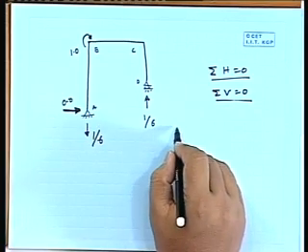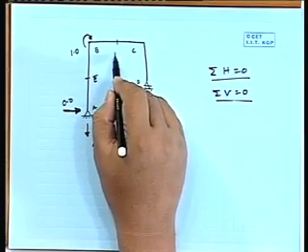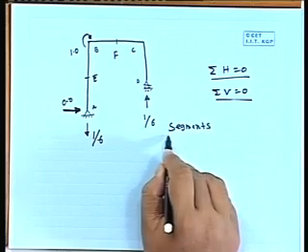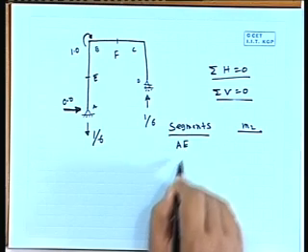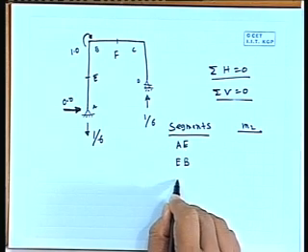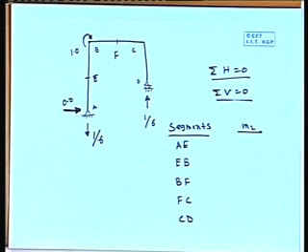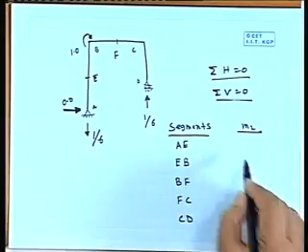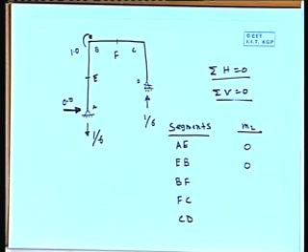Now, here if we start writing, say here we are writing E, here it is F. So, if you write segment and say it is M2, your AE, EB, BF, FC and CD. So, your AE will be, there will be no moment. So, it will be 0, and second part will be also 0, right.